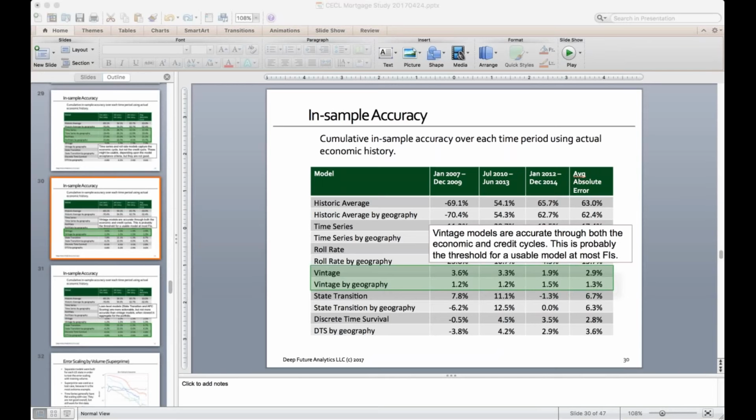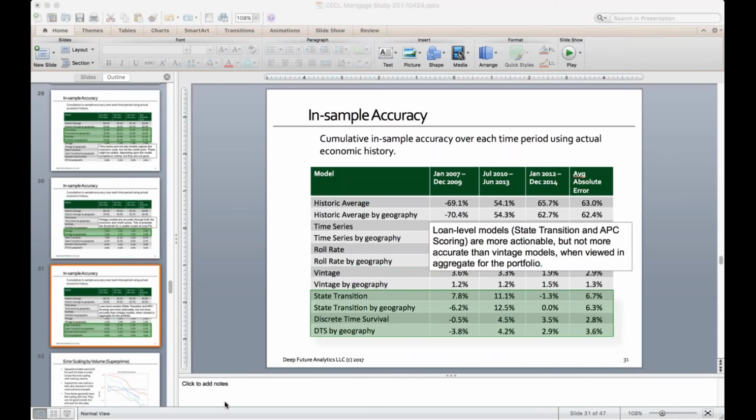For that reason, as an in-sample test, these estimates are a bit optimistic. In fact, we believe the actual results you would get in a real out-of-sample test is going to be more in line with what you're seeing in the next two models, the state transition and the discrete time survival model. For both of those models, we're in kind of a 5% range on forecast error.